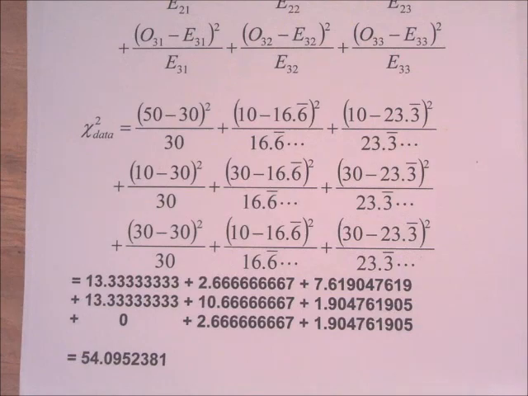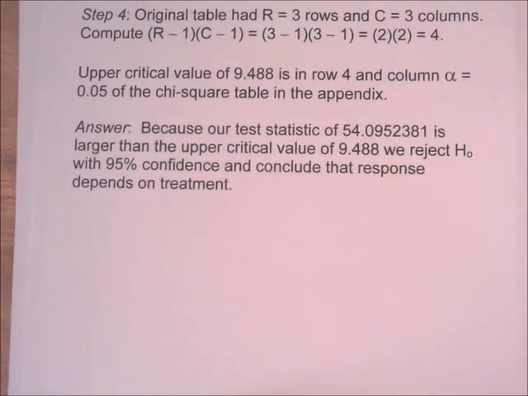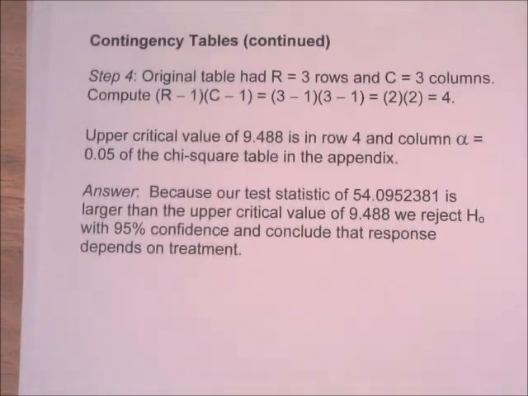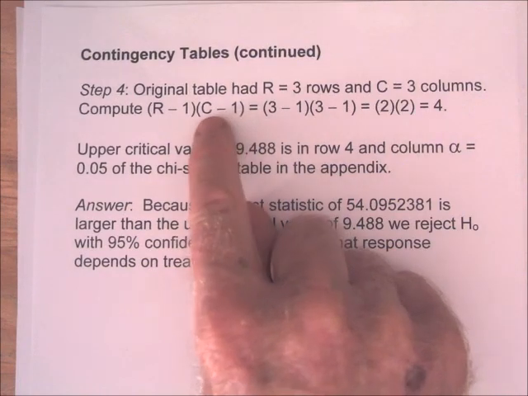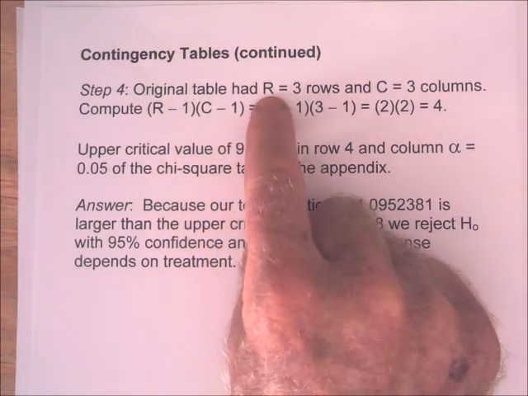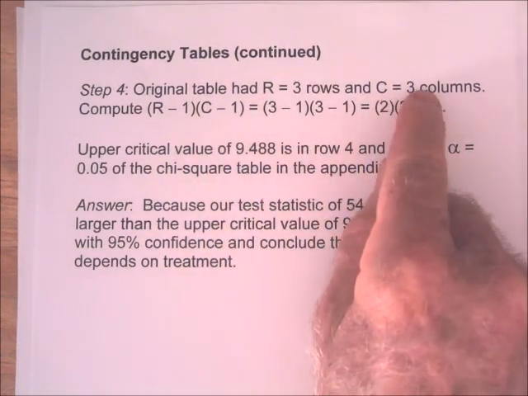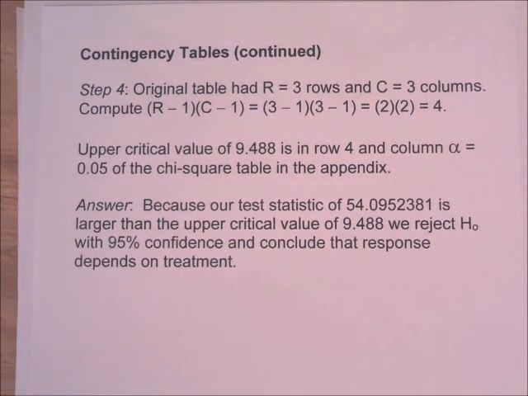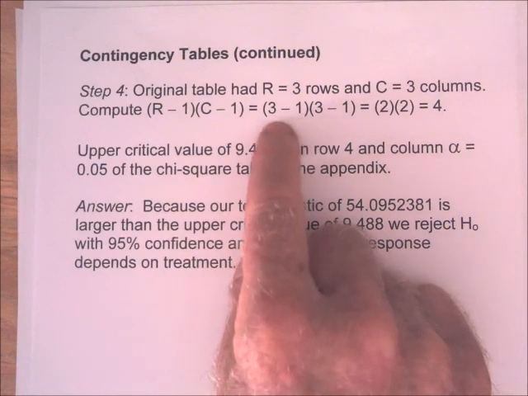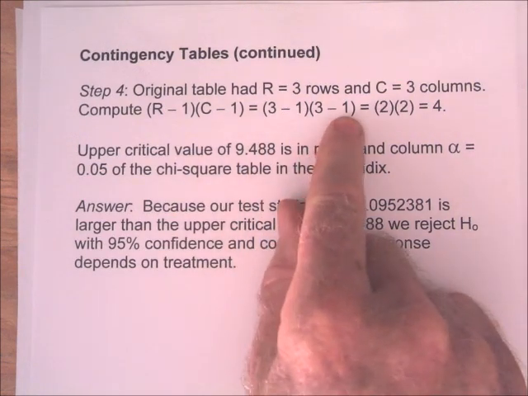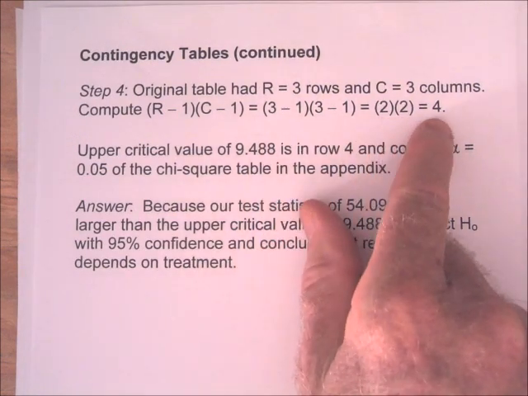Then we can compare that to the number from the table. To find which number from the table we need, we compute r minus 1 times c minus 1. Our original table had 3 rows and 3 columns. R minus 1 times C minus 1 is 3 minus 1 times 3 minus 1. 3 minus 1 is 2, and 2 times 2 is 4.